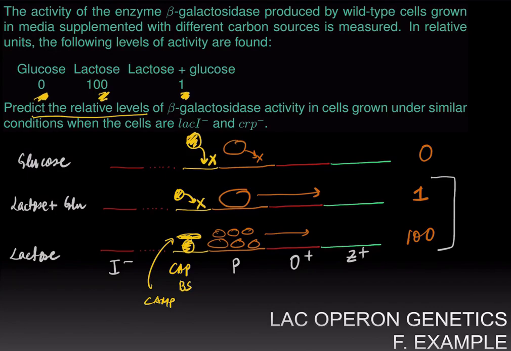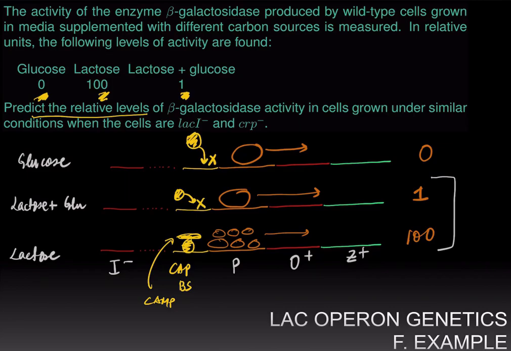The picture will, however, change for the only glucose condition, since polymerase will be able to bind the promoter due to the lack of functional repressor, since we're looking at a Lac I- strain.